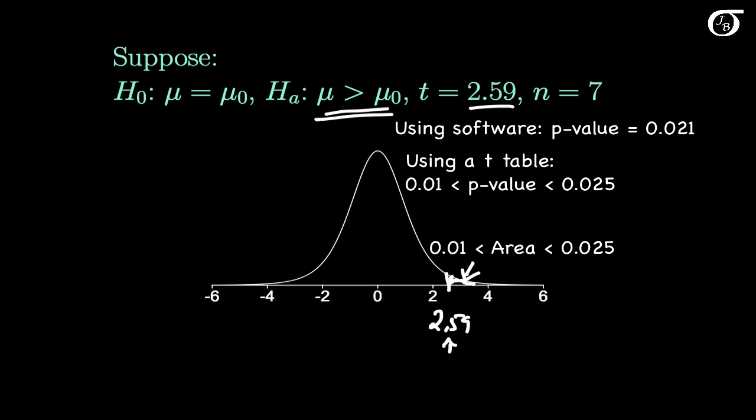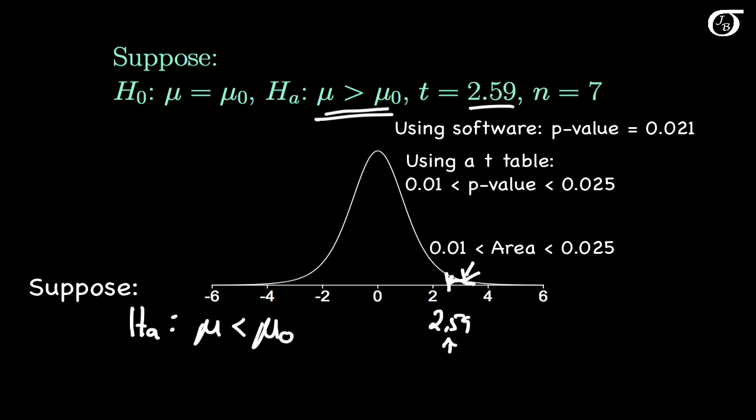What if we had an alternative hypothesis in the other direction? So suppose everything here stayed the same, but the alternative hypothesis was in the other direction, and HA was that the population mean mu is actually less than mu naught. For that alternative hypothesis, the p-value is the area to the left of the observed value of the test statistic, which is simply 1 minus the area to the right of that value, which we found up top.